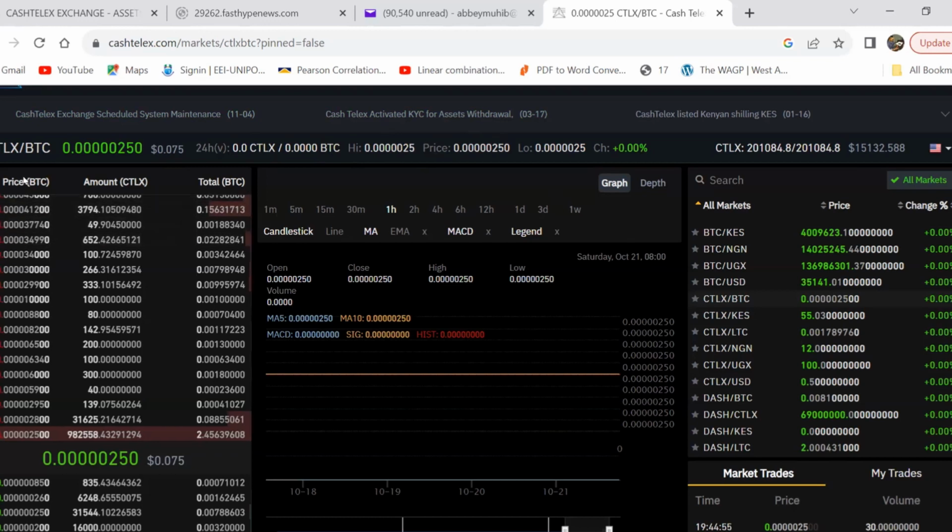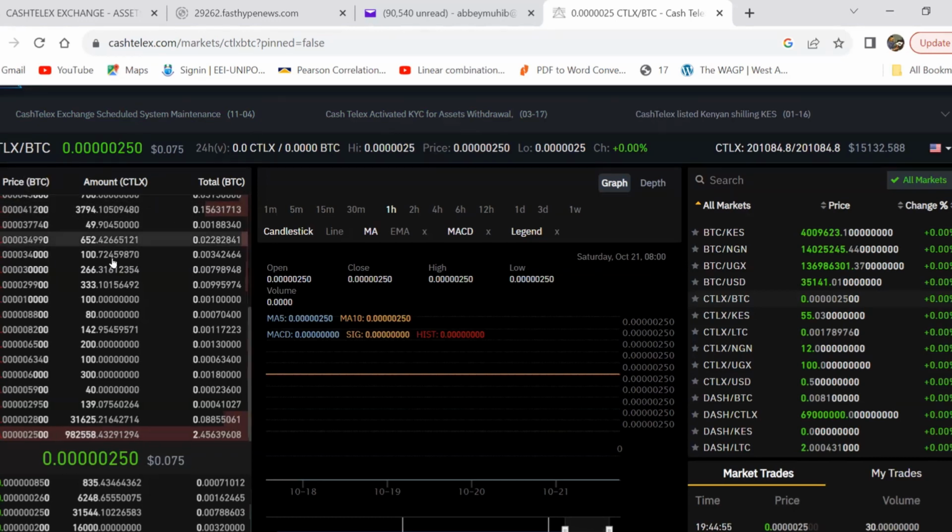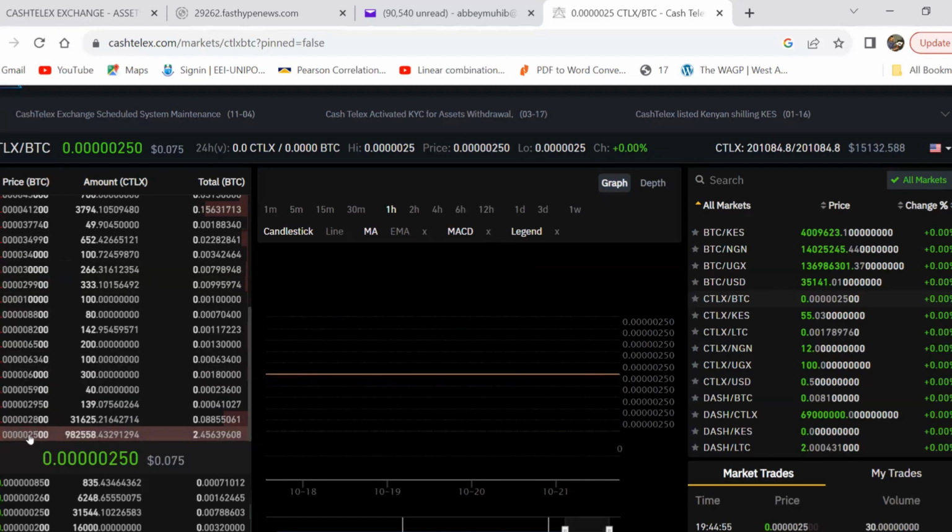So let me go back to this. Price BTC, amount CTLX, total BTC. So now, people are placing orders that they want to sell. As much as we are selling on the exchange, one unit of this is being sold at 0.00250 of Bitcoin.